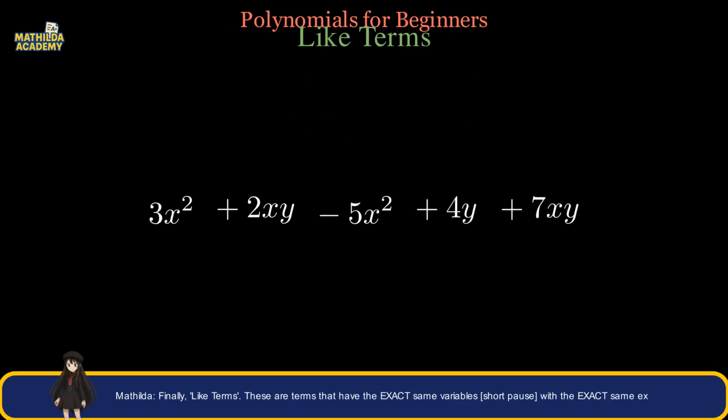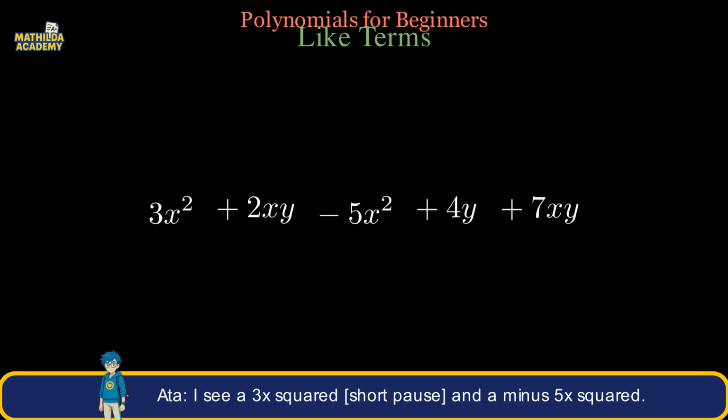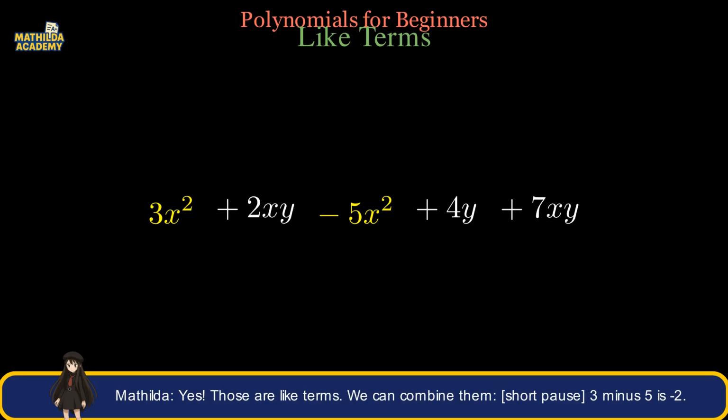Finally, like terms. These are terms that have the exact same variables with the exact same exponents. I see a 3x squared and a minus 5x squared. Yes, those are like terms.